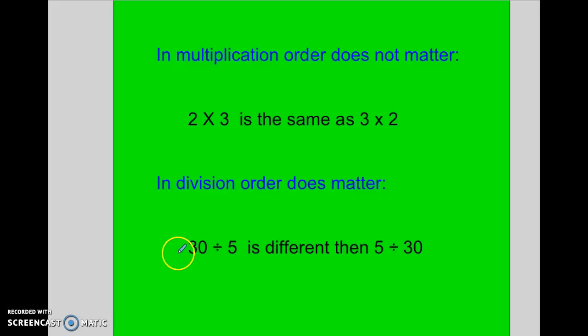The bigger number, the dividend, has to go first, and the divisor, the smaller number, has to go second. I can't take a smaller number into a bigger number. That doesn't work. We have to always have the bigger number first and then the smaller number, the dividend, and then divided by the divisor. That's a rule of division that we have to know.